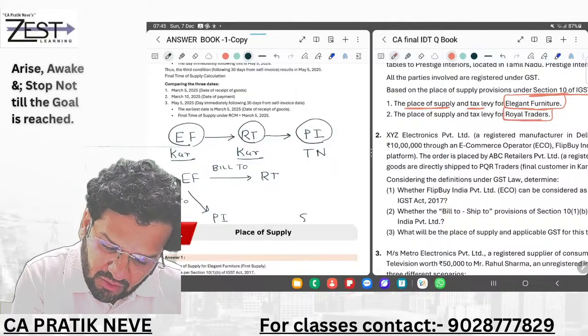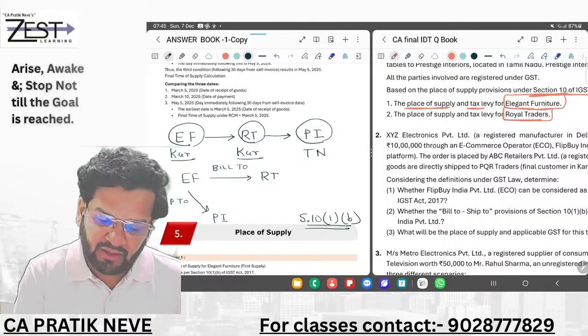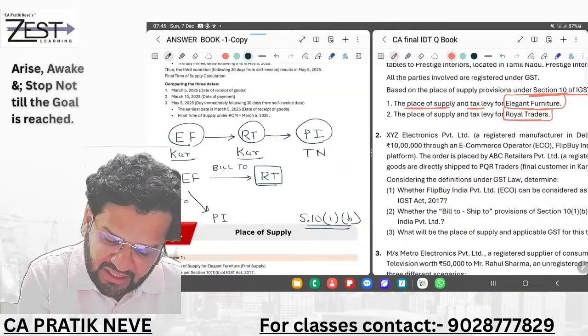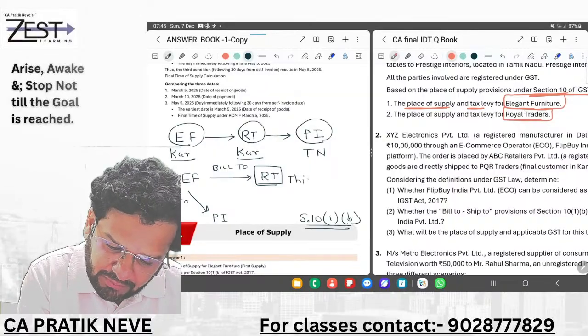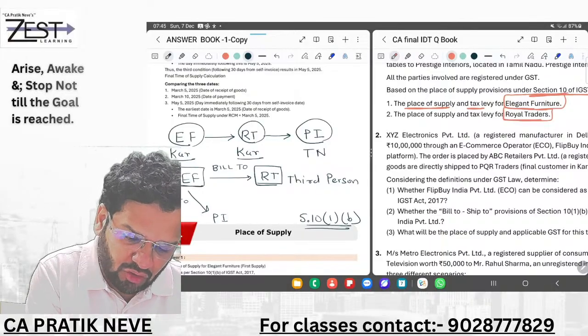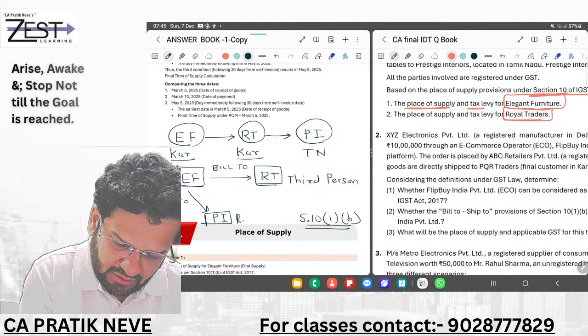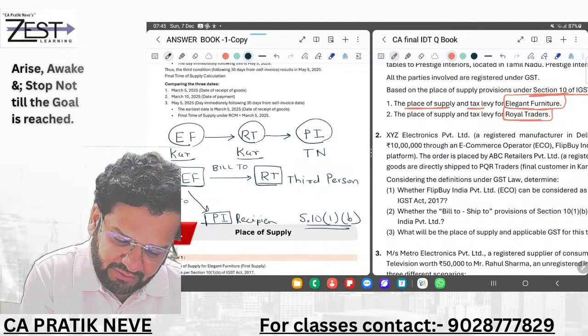For this, we have to go to section 10(1)(b) to decide the place of supply. This RT is called the third person. What is RT called? Third person. EF is called the supplier and PI is called the recipient.